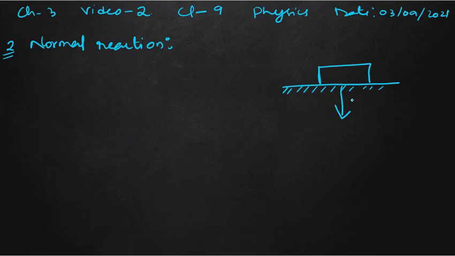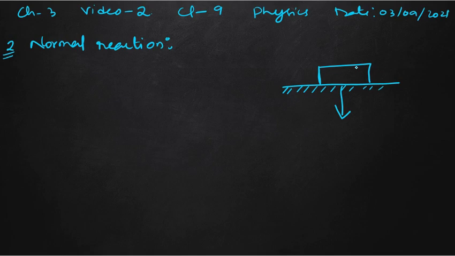But the body does not move. Why is the body not moving? Because the surface on which it is held also exerts an equal and opposite force over the body. As the body is applying a force downward, the surface is also applying a force in the opposite direction. That's why the body is not moving.